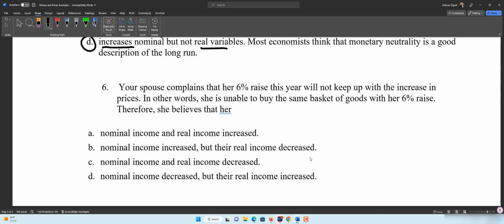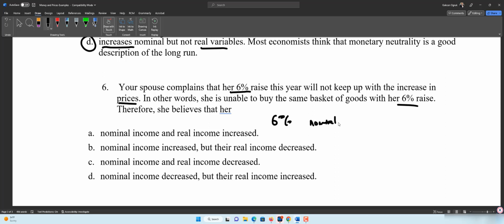Number 6. So we have a 6% raise this year, but she's complaining that this will not keep up with the increase in prices. In other words, she's unable to buy the same basket of goods with her 6% raise. If that is the case, 6% is your nominal increase. It shows the growth in dollars, and in this case, wage is a nominal variable.